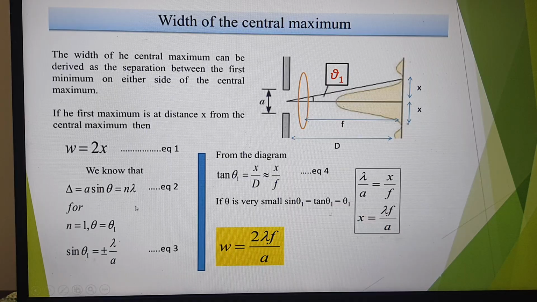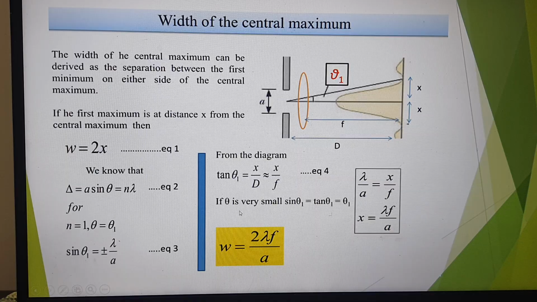Then coming to the equation part, if you take n equal to 1 and theta equal to theta 1, then sin theta 1, representing angle theta 1, equals plus or minus lambda by a, that is wavelength by width. So from the diagram, tan theta 1, that is x by D, is equivalent to x by the focal length f. Then lambda by a equals x by f.